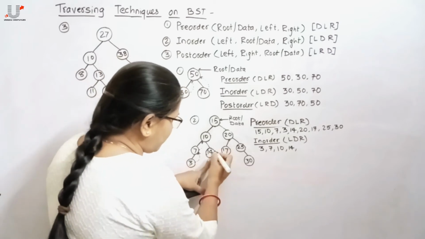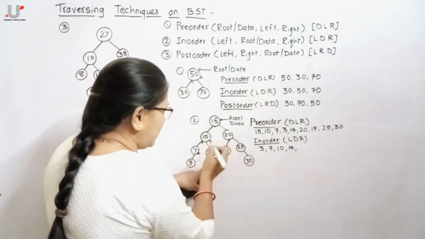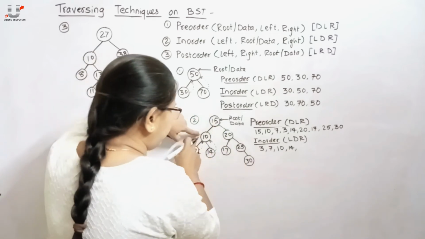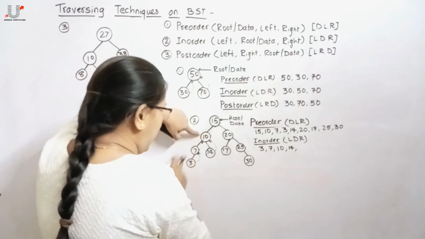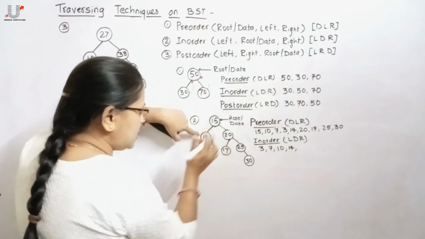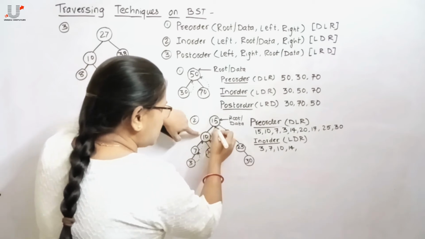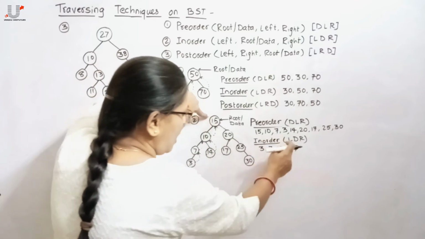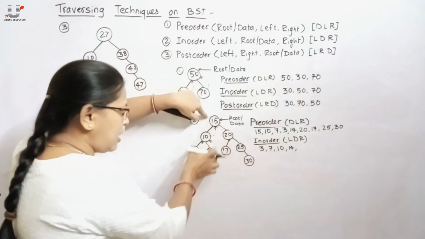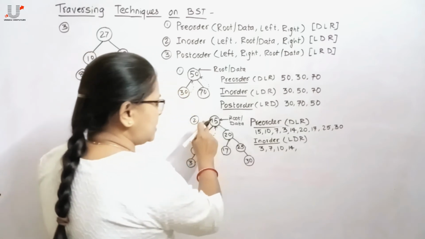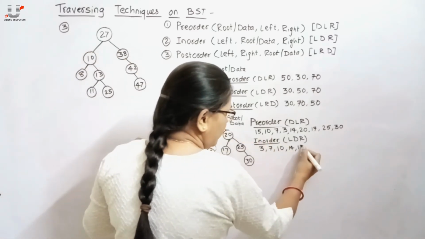No right subtree is there for 14, so control will backtrack to its previous location. As L, D and R have all been processed, the control will transfer to its parent, that means 15. Again on this 15 apply LDR. As the left subtree has been processed, apply D itself. D means data, that means 15 gets displayed.